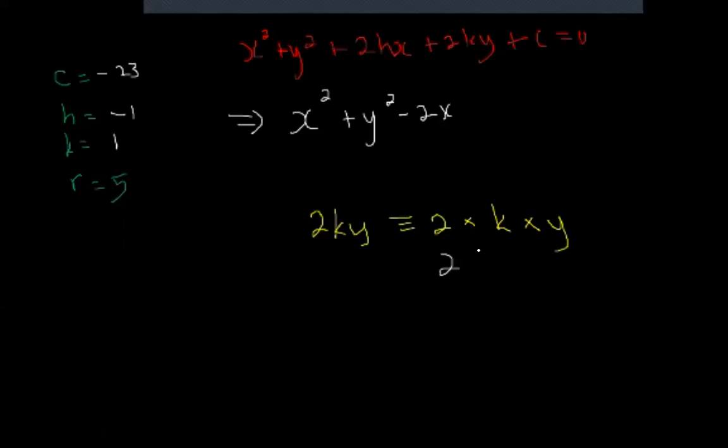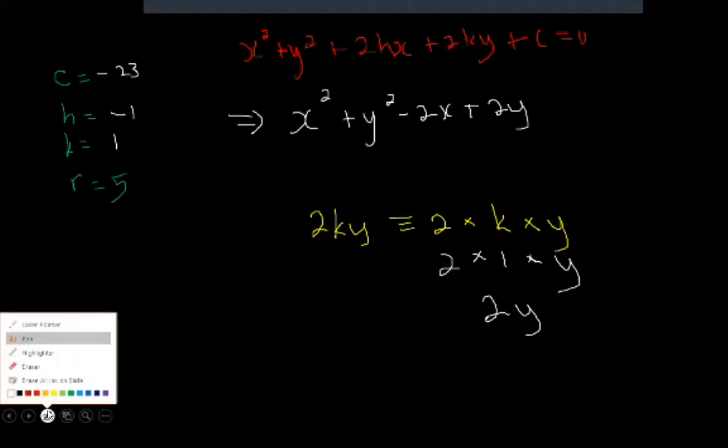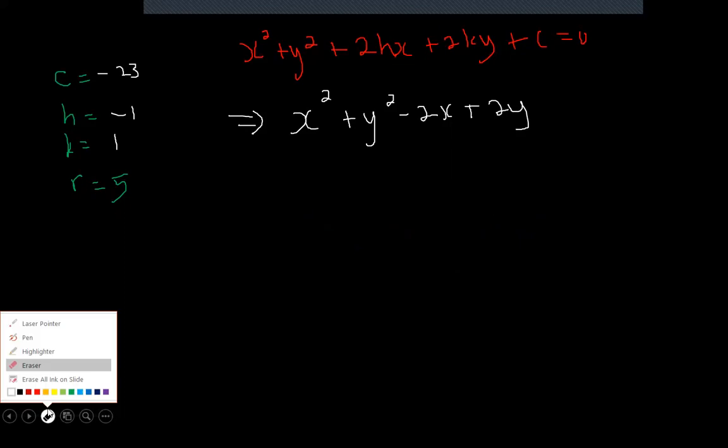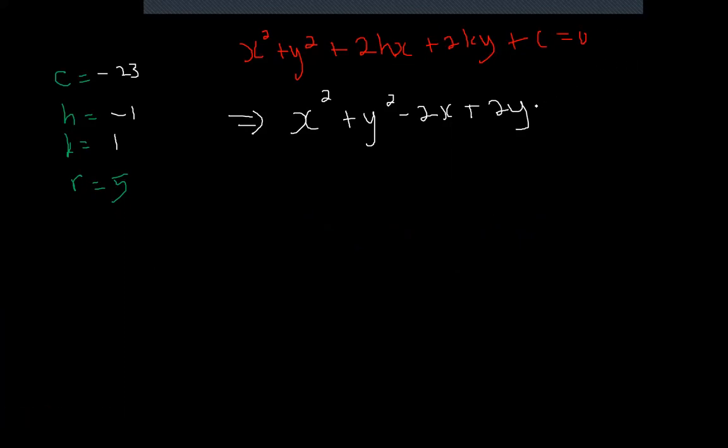So we say 2 times 1 times y. 2 times 1 is 2. So this is 2y, and I could put plus 2y here. C, we already found out that c is minus 23. So all I do is put my minus 23 here, is equal to 0. And this is my answer.